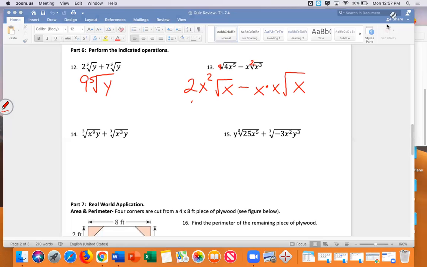And now I have 2x squared root x minus x squared root x. Now my variables are the same. I have the x squareds and I have the root x. See that, Owen? So 2x squared minus 1x squared is simply an x squared root x. Fair enough?